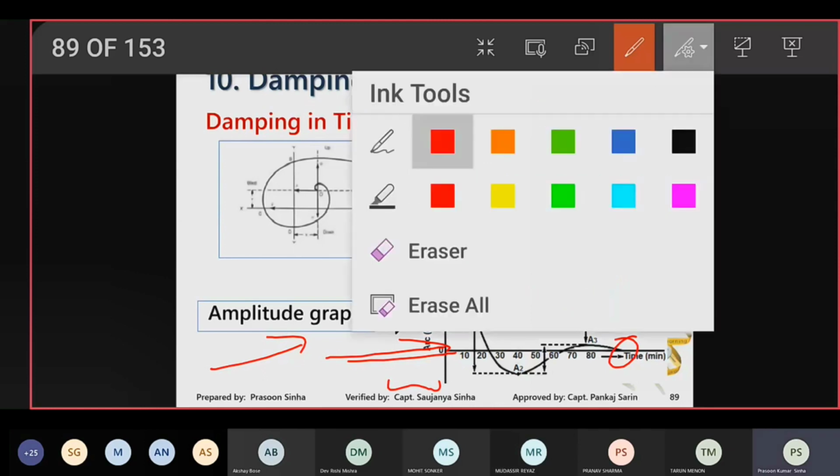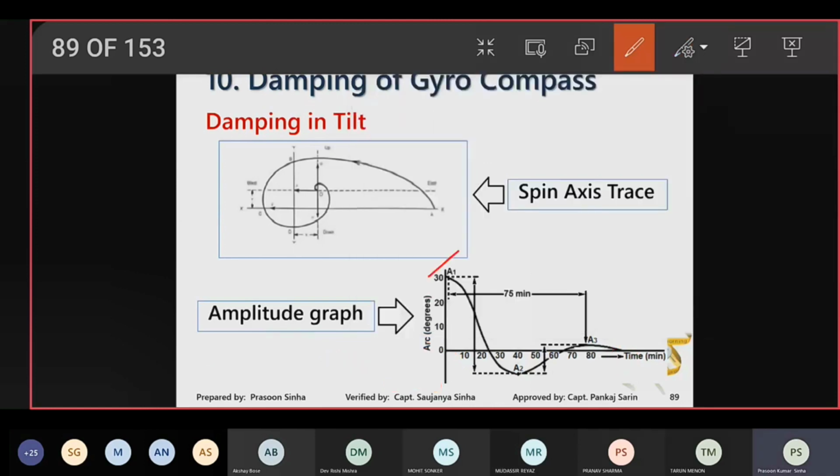In this case, if you see, it started from here, maximum east to maximum east. That's one cycle. How much time is being shown? 75. And that is the time period of the oscillation.